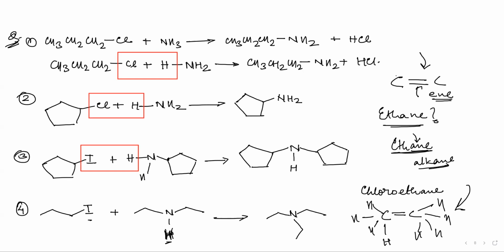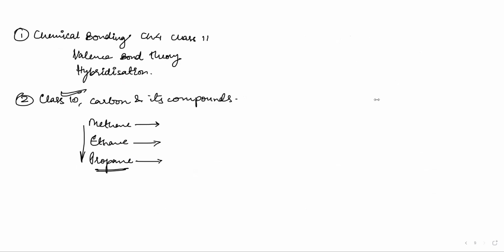Tell me, Sanya. I have written here ethane. Okay, fine. If you know the homologous series, then it's fine. I don't have any problem if you know that. So chloroethane will be what?